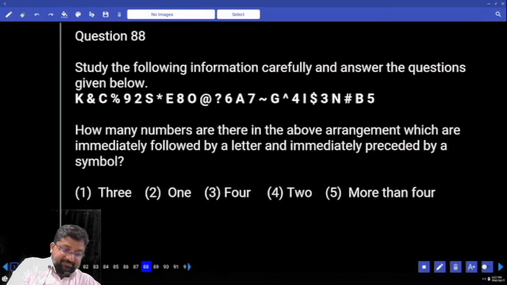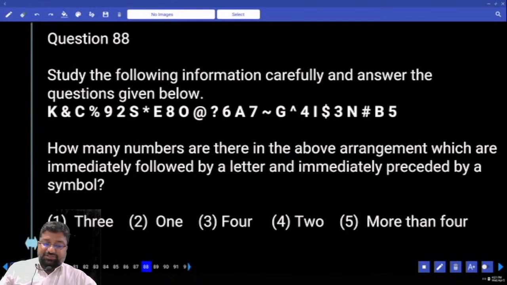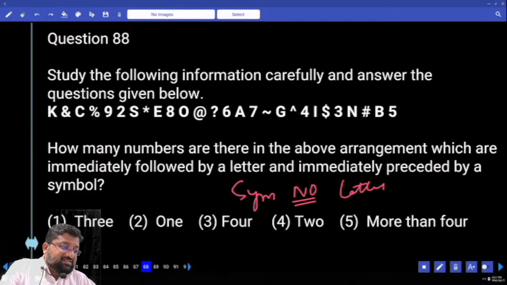88. Series of elements. What's the question? How many numbers are there in the above arrangement which are immediately followed by a letter and immediately preceded by a symbol? Symbol, number, letter. Let's go: symbol, number. Symbol, number.